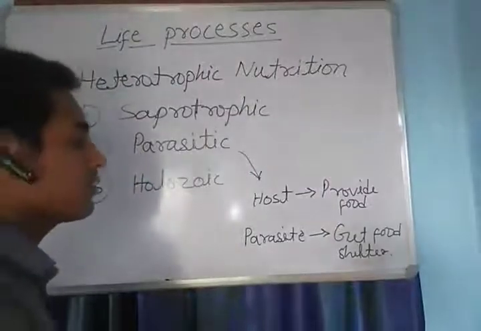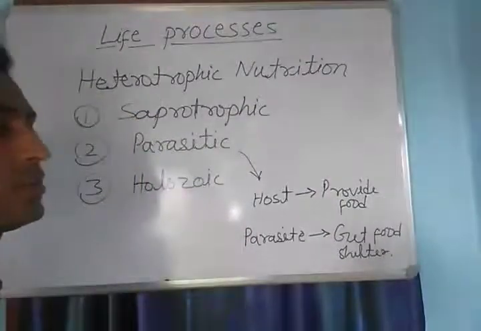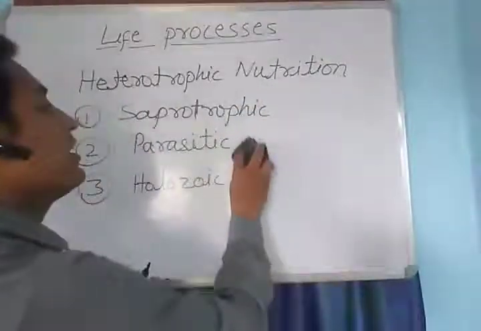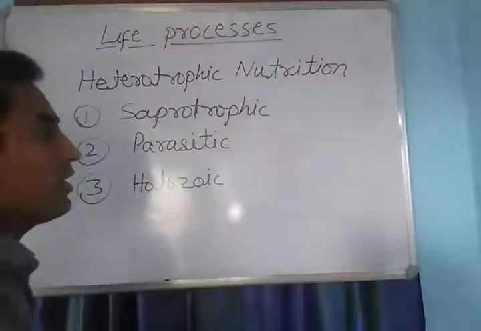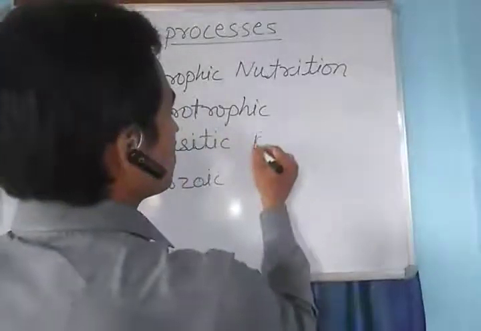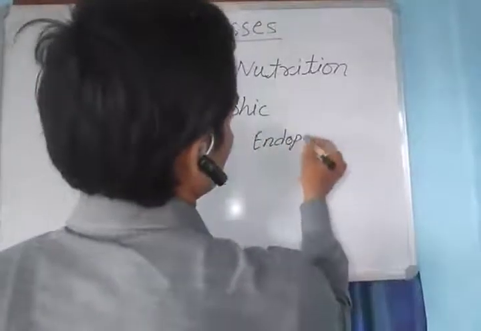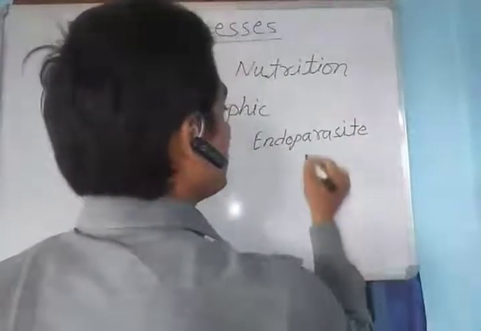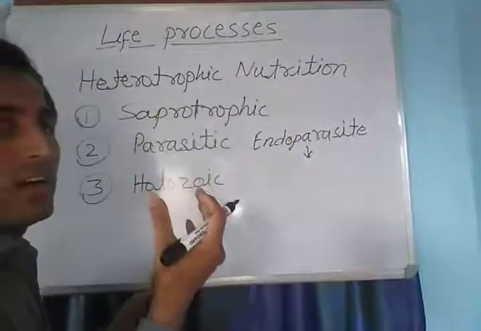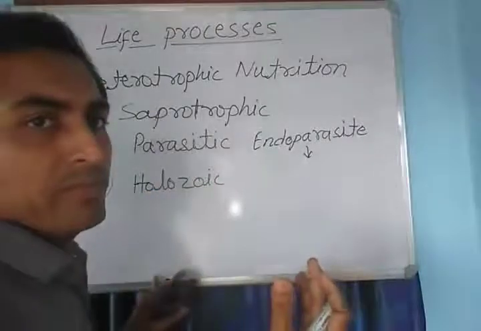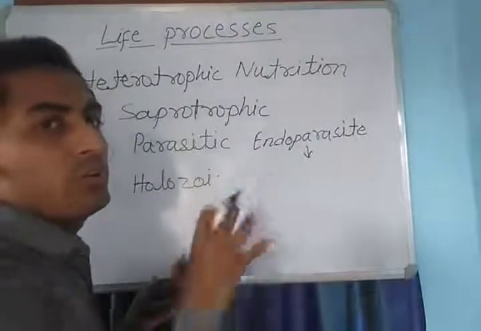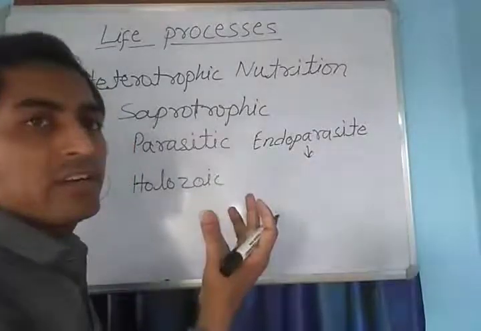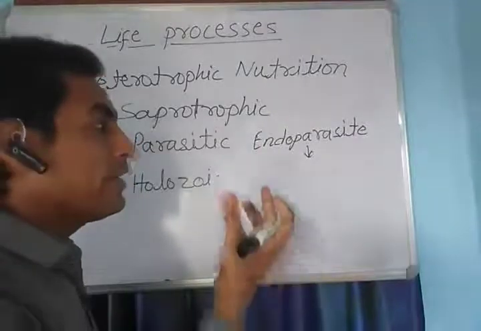Now, parasites are divided into different categories. The first one is endoparasite. It lives in the body of the organism and harms the host for getting food and shelter.